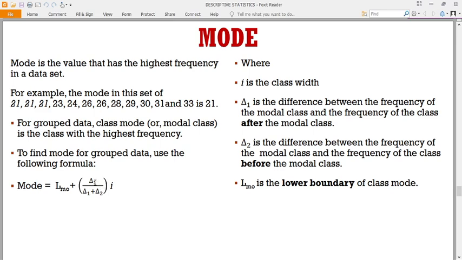Then delta 1 is the difference between the frequency of the modal class and the frequency after the modal class. We shall see this. Then delta 2 is the difference between the frequency of the modal class and the frequency before the modal class.